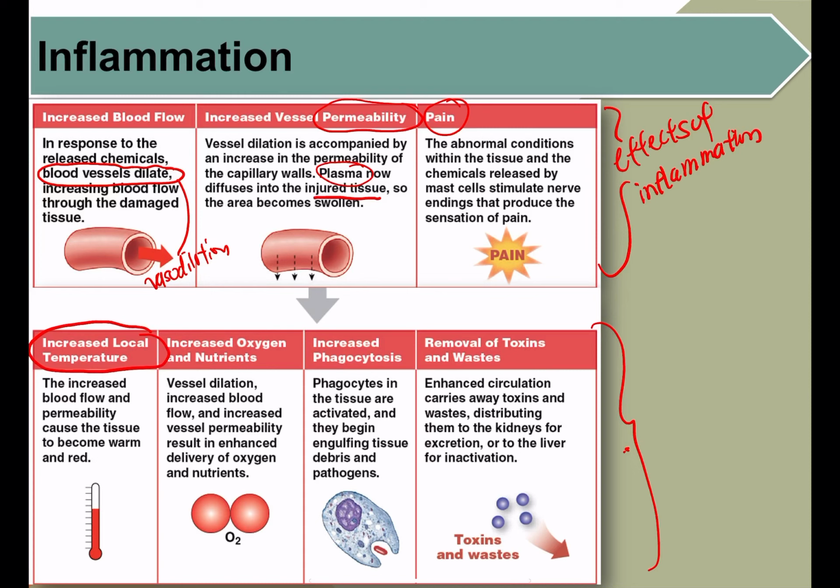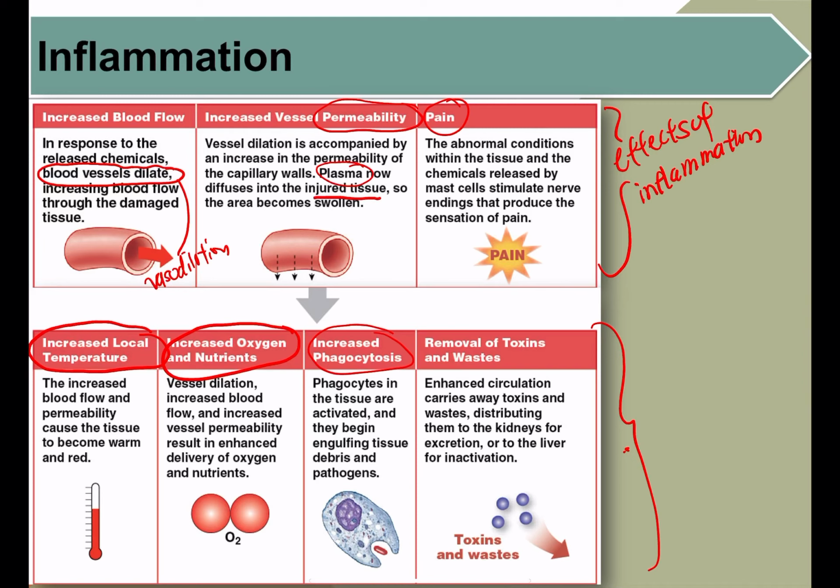All of that blood vessel permeability will also increase oxygen and nutrient delivery to the site of injury to help, again, with the repair process. And there will be increased phagocytosis as well, where debris and pathogens will be eaten up by white blood cells like macrophages, or other cells like neutrophils and eosinophils.